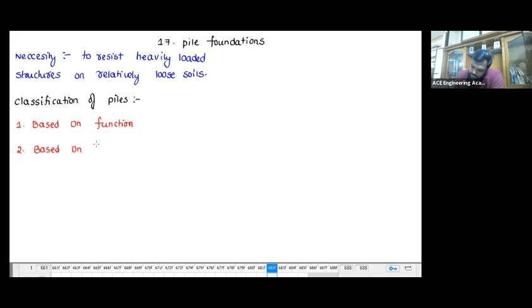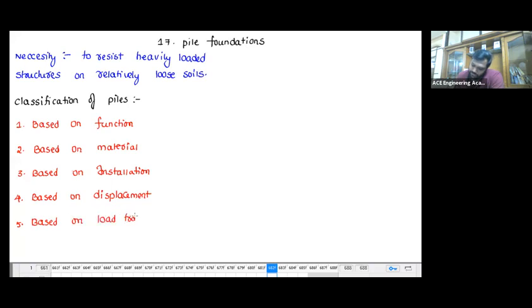Based on material we use. Based on method of installation. Based on displacement, and finally based on load transfer.